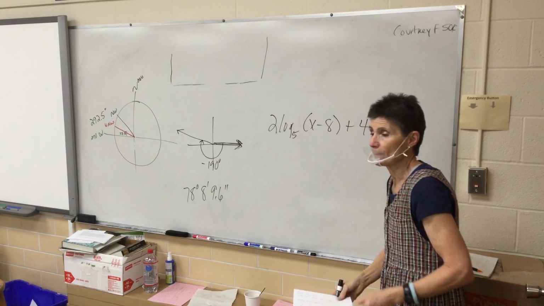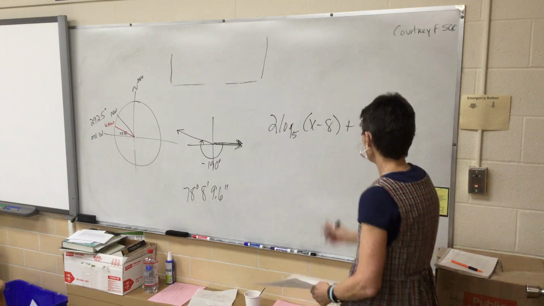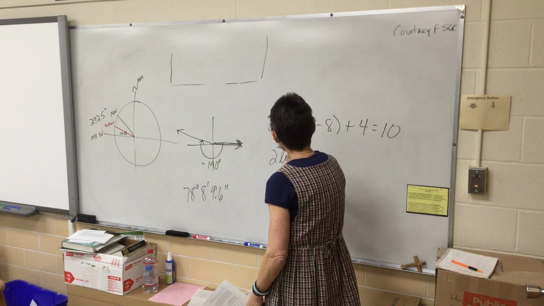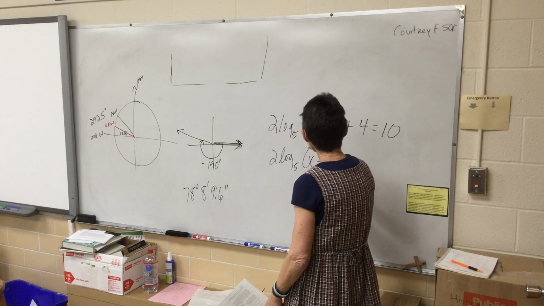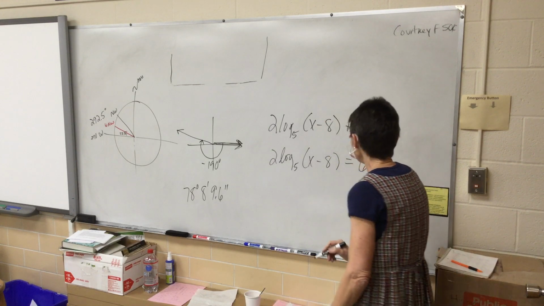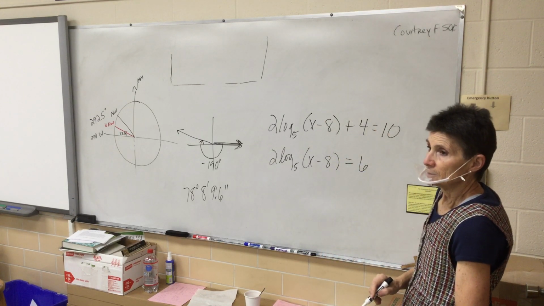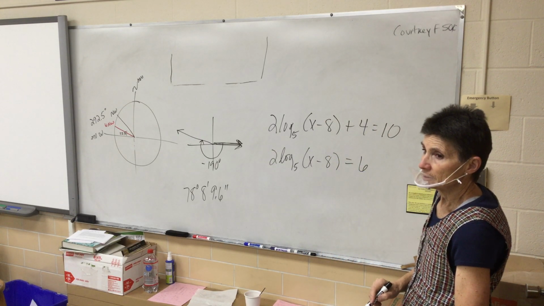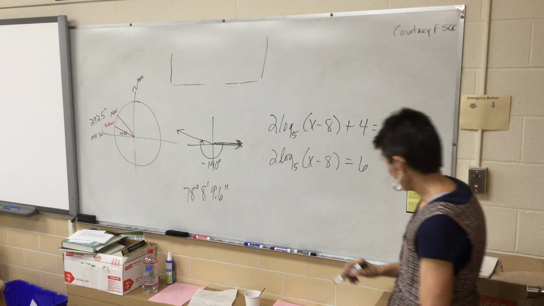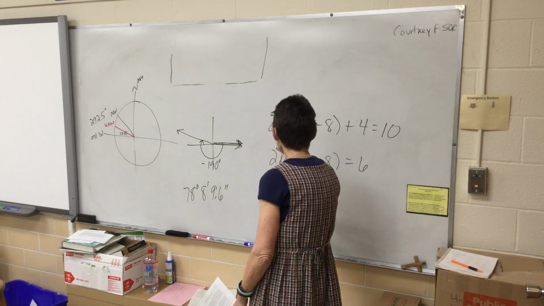How do you think you'll start? Minus 4, absolutely. So 2 log base 5 of (x minus 8) equals 6. Divide by 2, always, yeah, we gotta get rid of that coefficient.